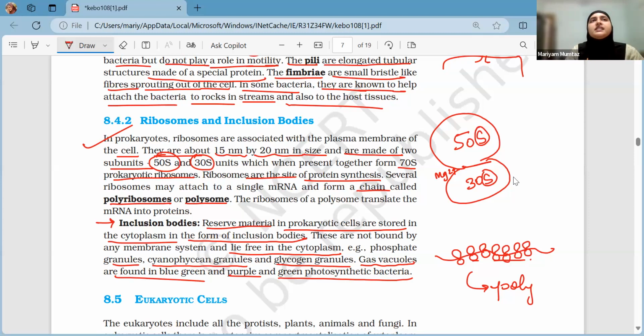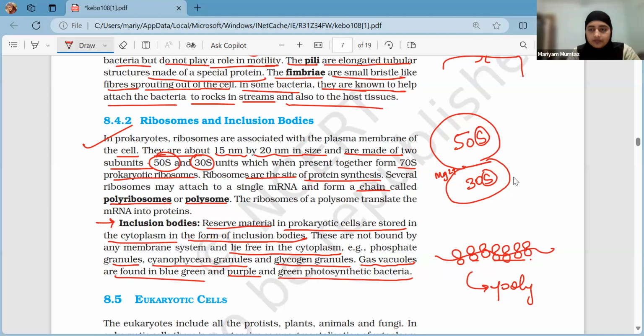The cell envelope consists of three layers. Name them from out to inside. Outermost is glycocalyx, and then inner to the glycocalyx, cell wall, and plasma membrane. The ribosome of prokaryotes is of which type? Which type?